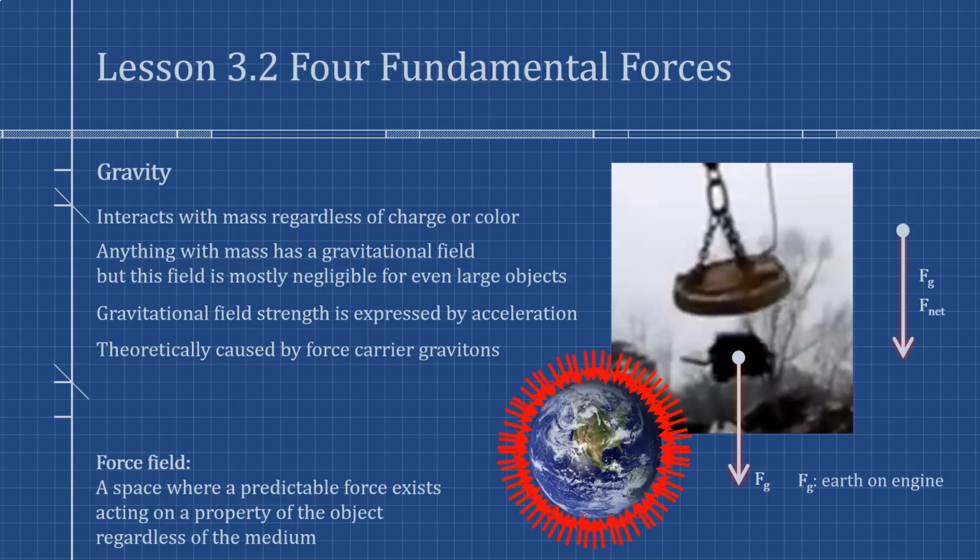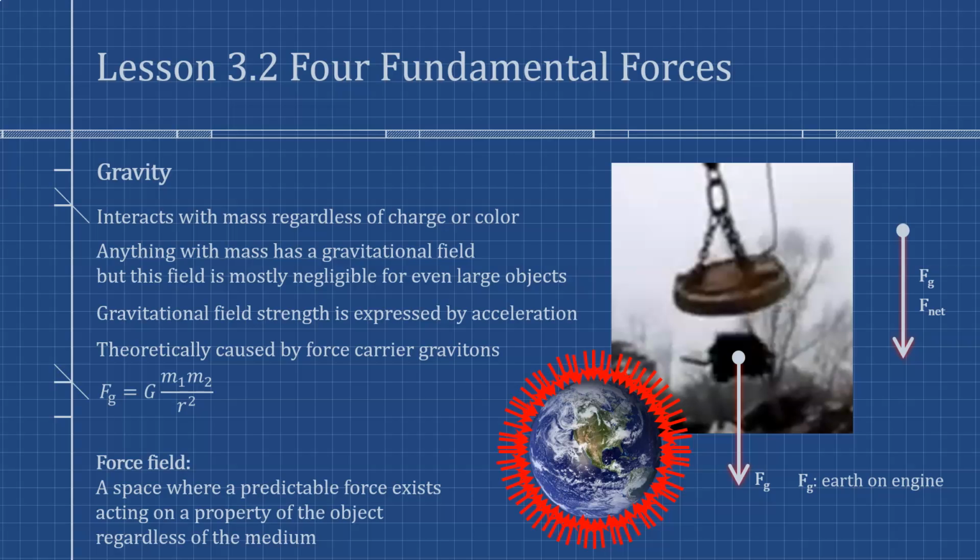It's just we haven't been able to detect them because they're tiny, and right now with the technology we have, impossible to detect. If we develop better technology, maybe someday we can detect gravitons. But right now, we don't know for sure that they exist. We haven't actually detected them.